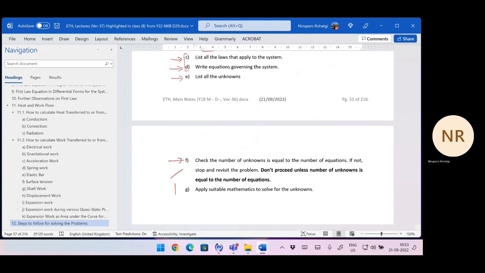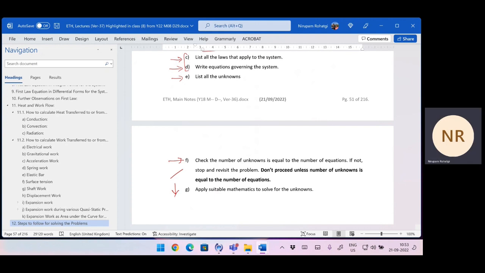The rest is mathematics: you understand a problem, convert it into equations, and solve. But when transferring a problem into equations, you should be correct and should have taken all the data.